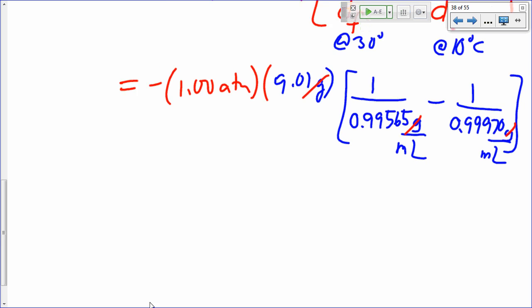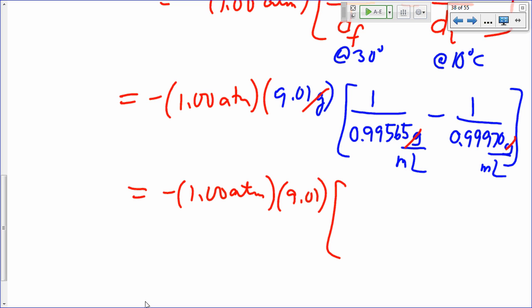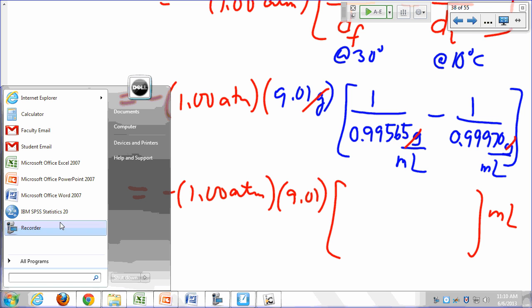What would this be? Minus 1.00 atmosphere times 9.01 times, this whole thing is going to be in mils. What's 1 over 0.99565 minus 1 over 0.99970? Calculator.